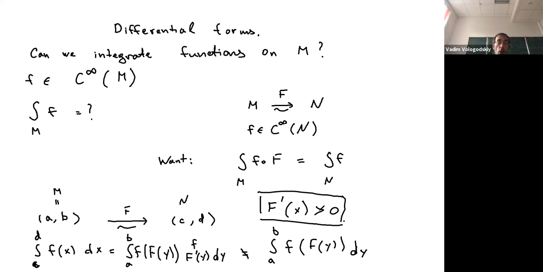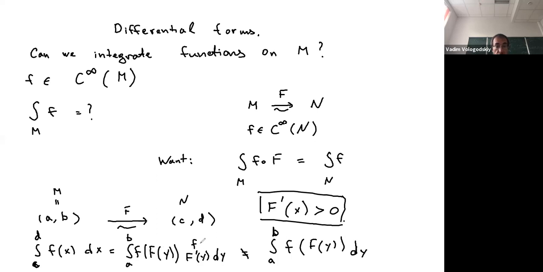The conclusion is that even in the one-dimensional case, you can't really integrate functions because this formula does not hold. What you can, however, integrate is some quantities which, if you choose a coordinate x, can be identified with functions, but if you choose another coordinate, they are transformed by this complicated rule.